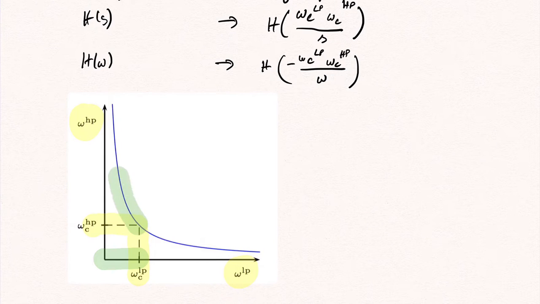This frequency range is transformed to frequencies that are above the cutoff frequency of the high-pass filter, hence the passband of the high-pass filter. The frequencies above the cutoff frequency of the low-pass filter form the stop band of the filter. This is transformed into the frequency range between 0 and the cutoff frequency of the high-pass filter, hence creating the stop band of the high-pass filter.